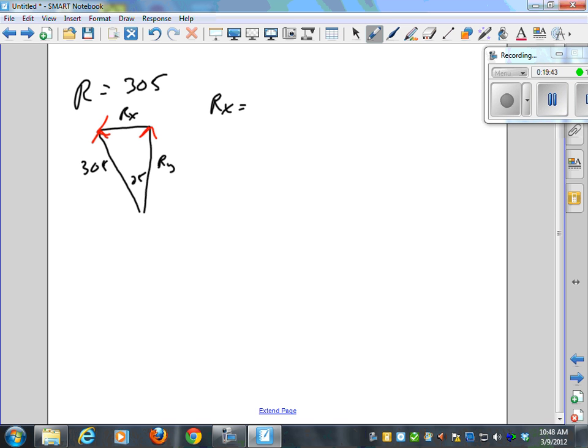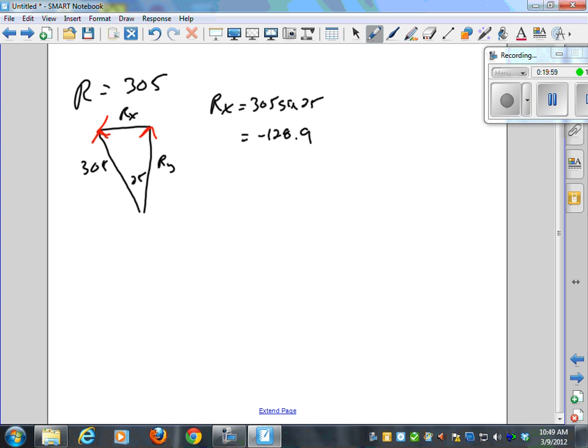Rx is equal to 305, it's opposite, so 305 sine 25, which is minus 128.9.